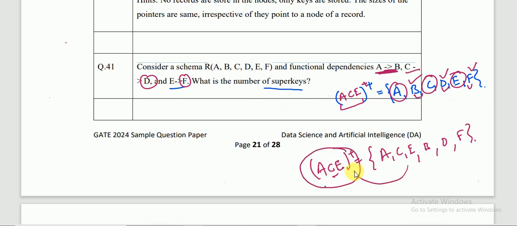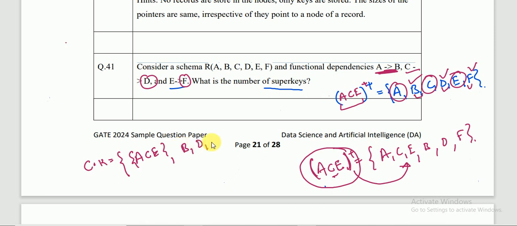So this is the minimal key that we can take as the candidate key. This key is determining the other attributes, which are B, D, and F.